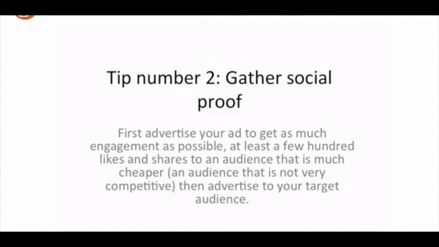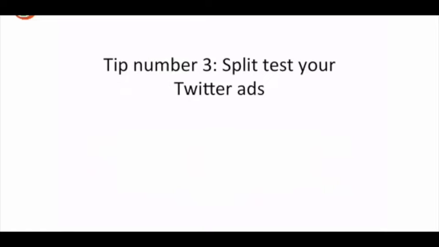I recommend you first advertise your ad to get as much engagement as possible, at least a few hundred likes and shares, to an audience that's much cheaper, an audience that is not very competitive, than the one you plan to advertise to. This will build the social proof you need at a very low price. Once your ad shows a lot of engagement, you can then change the targeting to target the audience of your choice.